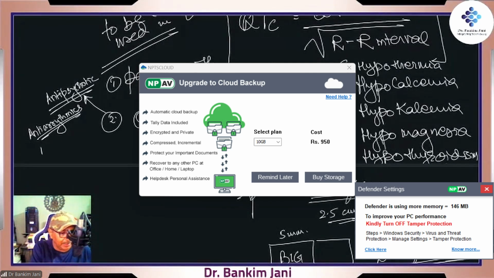In some of the antibiotics, these are not all antibiotics, but this is classically seen with fluoroquinolones. Those medicines are one of the important chapters in antibiotics. Then antipsychotics, antidepressants, all these things.